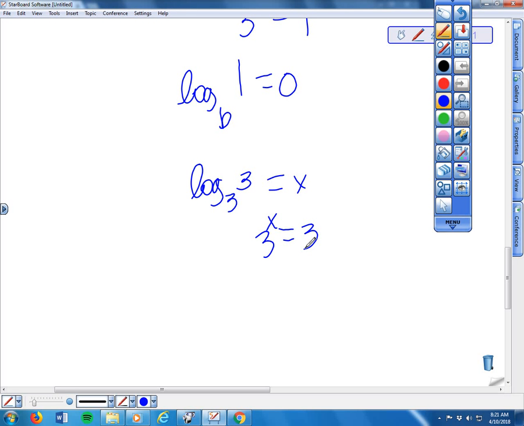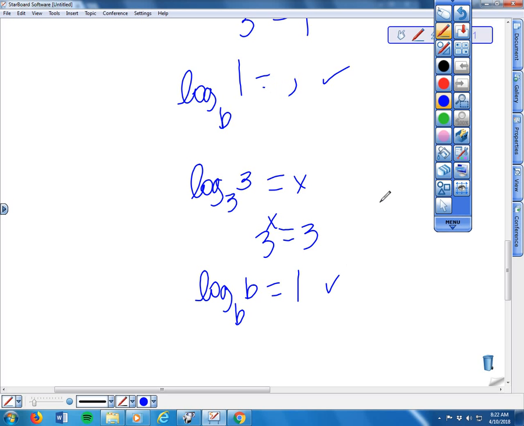So anytime you have log of some base of that same base, if those two numbers are the same, it's always equal to 1. Okay, so these two properties here are important to know. And if you can't remember them, just change it to the exponential form and ask yourself what x is, because you should be able to figure it out then.